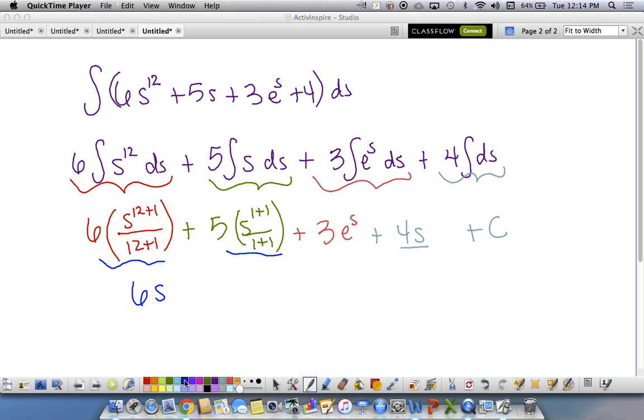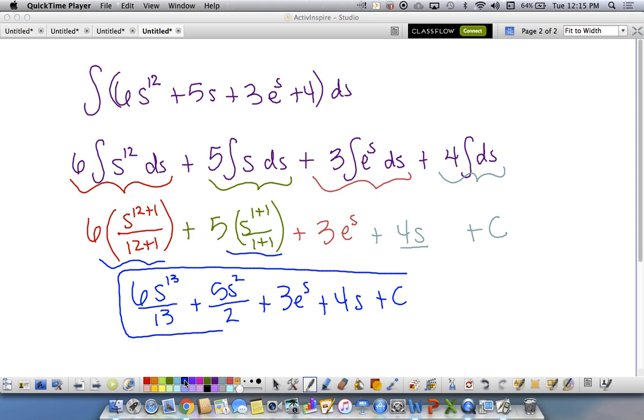So 6s to the 13th divided by 13 plus 5s squared over 2 plus 3e to the s plus 4s plus c, that constant that we're just going to put at the end. And you're done. You got this already. It's so easy. Okay? If you can find the integrals, you can do this. Okay? We're going to keep going.